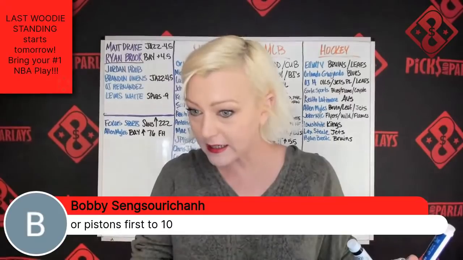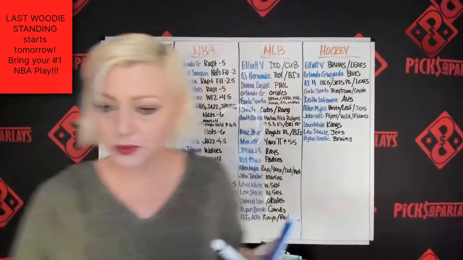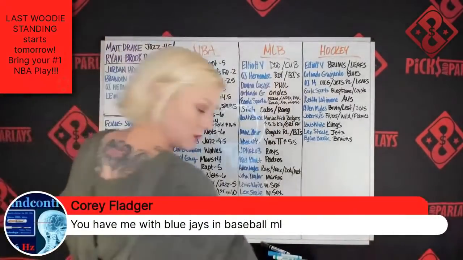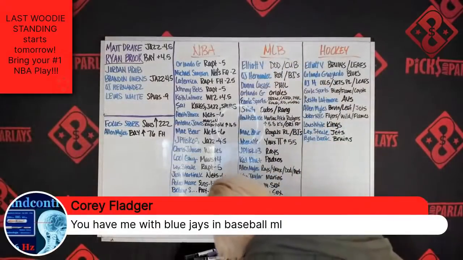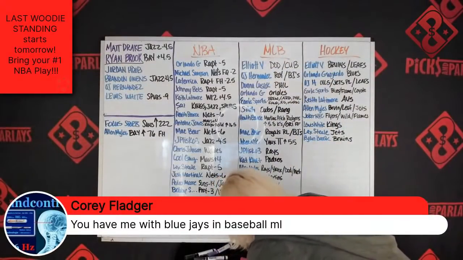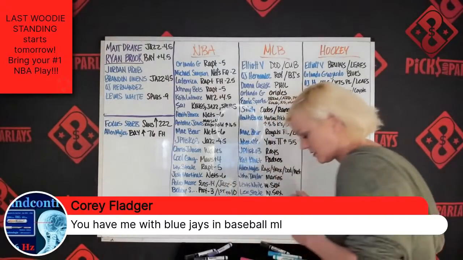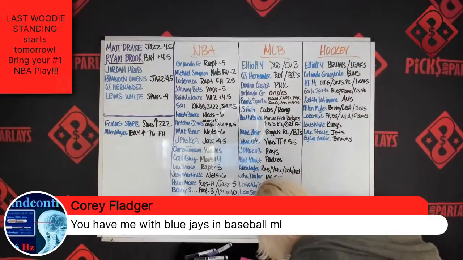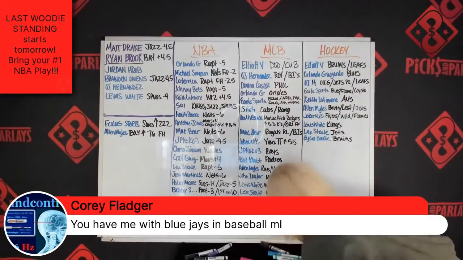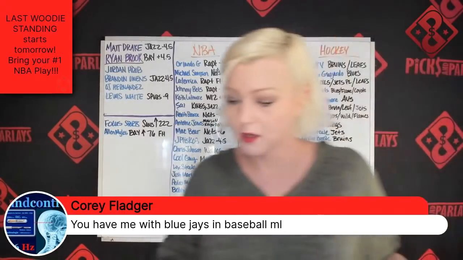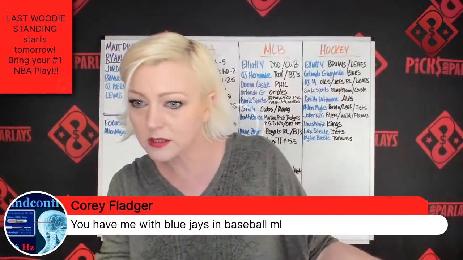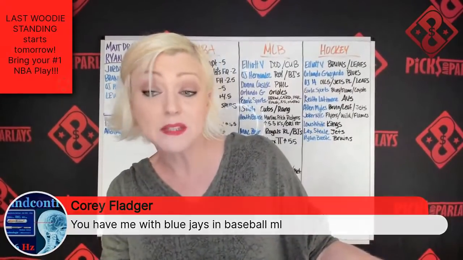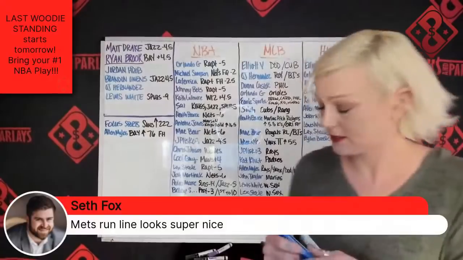Hi, Robert Franklin. I'll put you with Blue Jays in baseball right now, Corey Flodger. Seth Fox says that the Mets run line looks super nice.